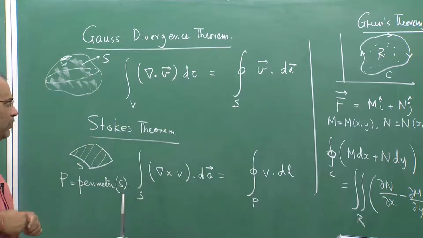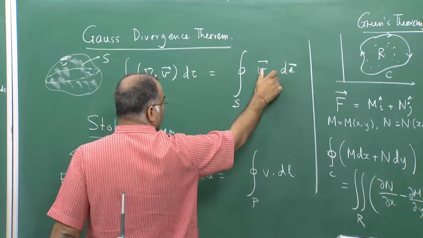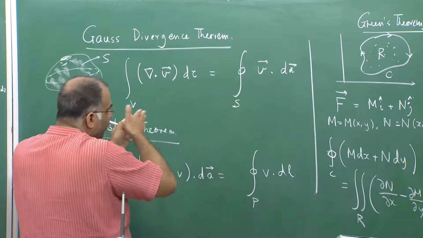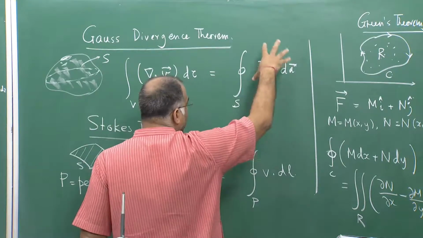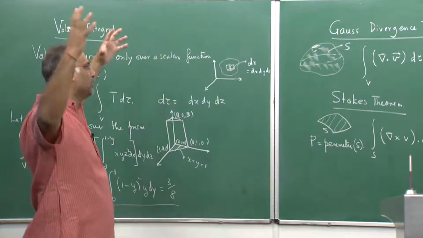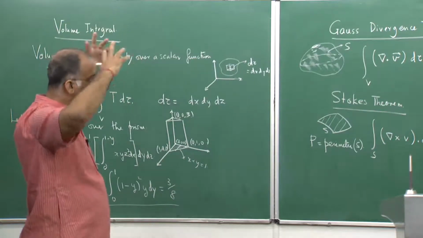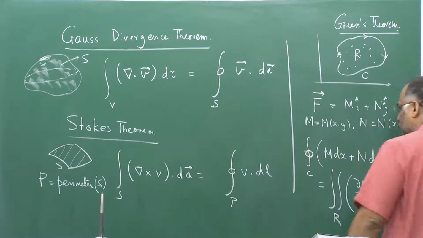So, the amount of fluid that crosses a unit area in a given unit time is the flux, and this is done over each small elemental area. The total is given by the surface integral. So, it tells you that the total flux gives you the total divergence out of the volume, the amount of fluid which moves out of the volume is the same as the total flux over the region, which is physically the case of course.